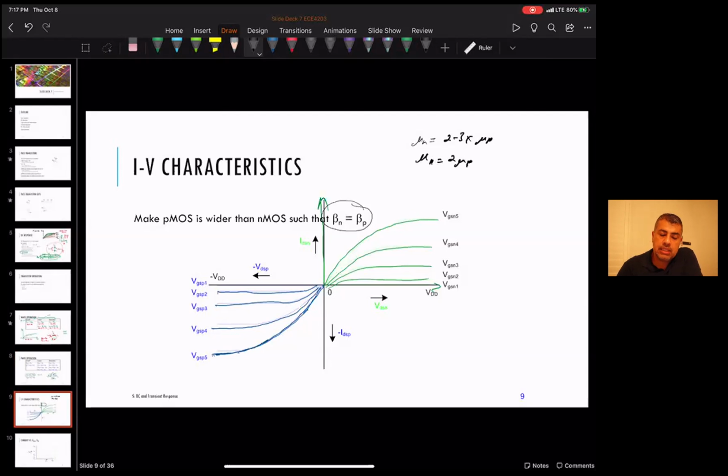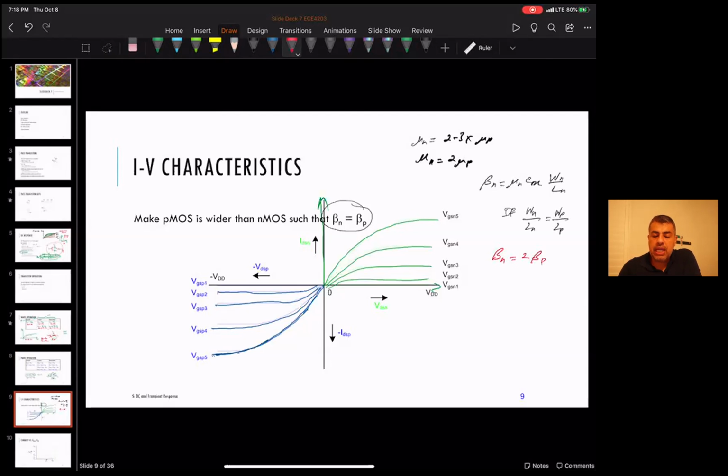That means that the beta of N, which if you remember is mu N Cox W over L, if Wn over Ln is equal to Wp over Lp, so the width and length of those two devices are the same, then beta of n is twice beta of p.